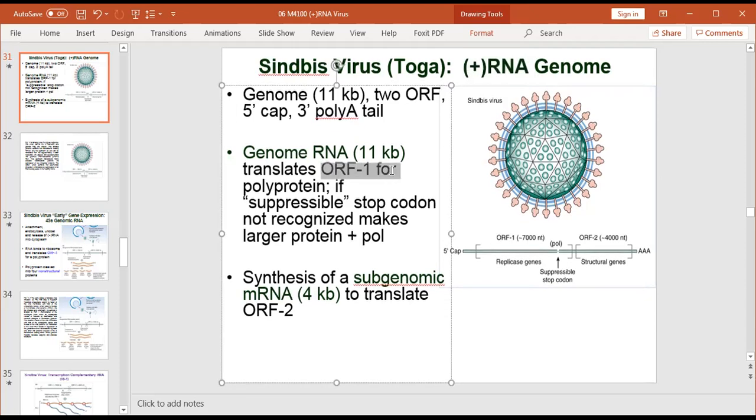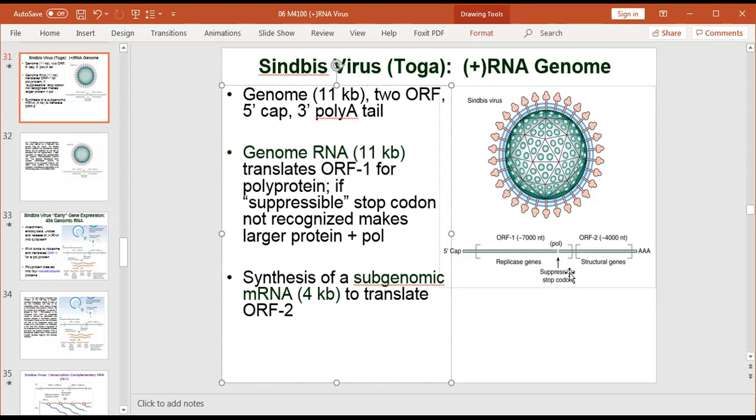So again, the genome is a positive RNA, 11 kb, and open reading frame one is translated into polyproteins, multiple proteins. However, if the replicase recognizes this sequence called a suppressible stop codon, we only have a portion of the ORF being translated into a polyprotein.